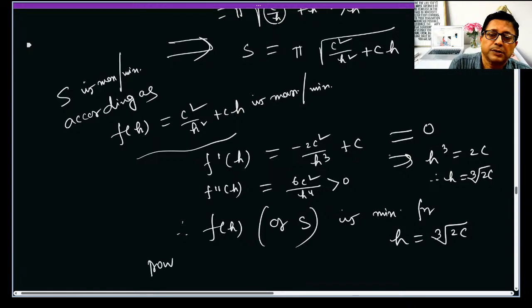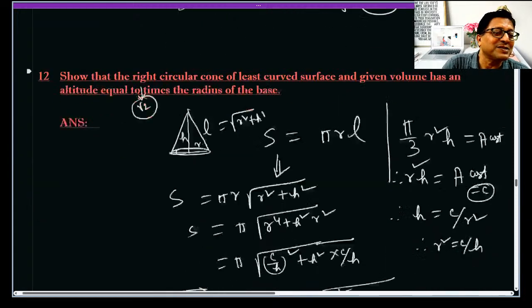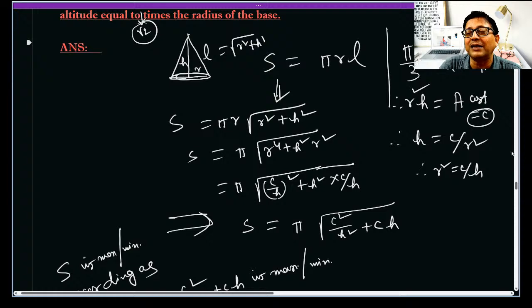Now we got H. After getting H, we need to compare the altitude, how many times the radius of the base, because I forgot to copy this part. So H and R are to be compared.